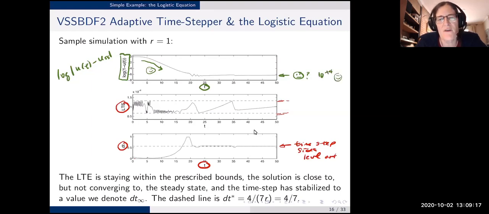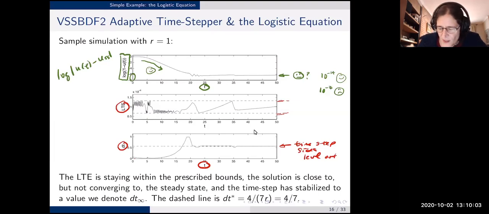I'd be happy. I'd say, well, I've gotten as close to the steady state as I'm going to. I've gotten down to round off. But this isn't round off. It's of the order 10 to the minus 7. So my adaptive time stepper is not allowing my solution to converge to the steady state. And the time step sizes are leveling out.